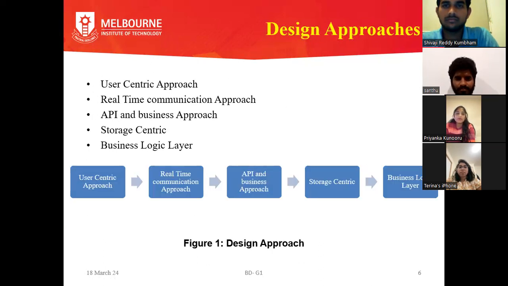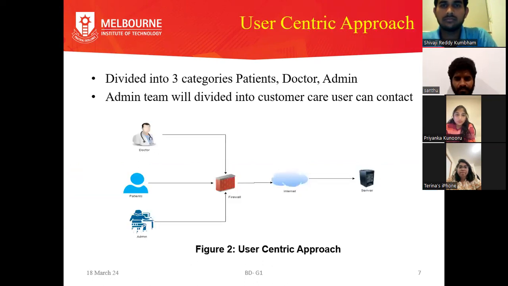Next, we have approaches. We have five approaches. I'm going to explain the first approach, the user-centric approach. Can you move to the next slide? Yeah. This user-centric approach can be divided into three main categories, including patients, doctors, and the administrative office.